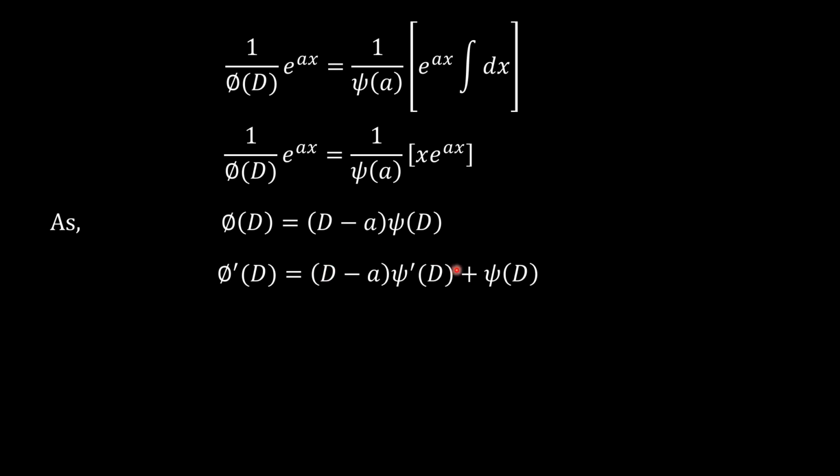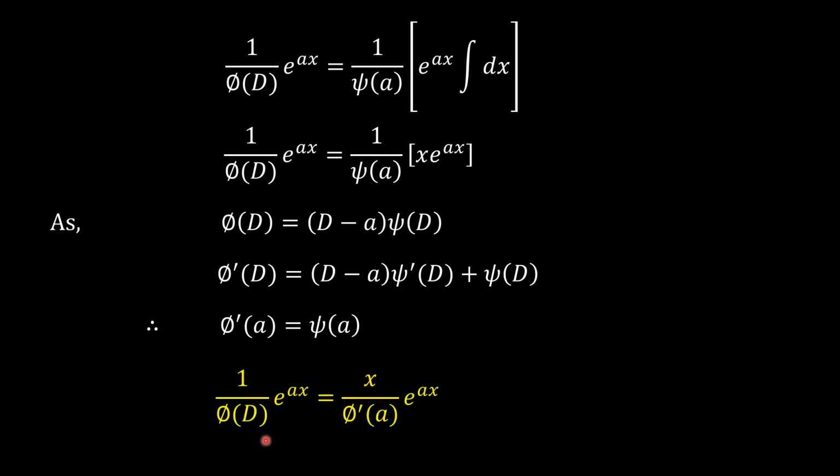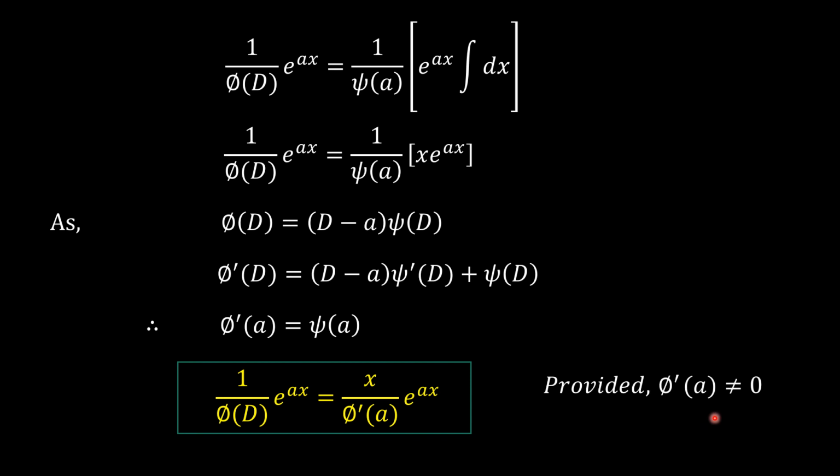So this whole term becomes 0 plus psi of a, and therefore the above expression now becomes 1 upon phi of d of e raised to ax is equal to x divided by phi dash of a into e raised to ax. Again, as phi dash of a is in the denominator, there is the condition that this denominator phi dash of a should not be equal to 0.